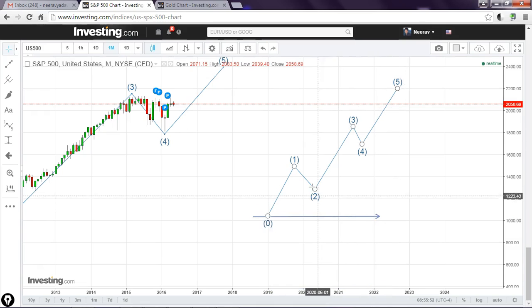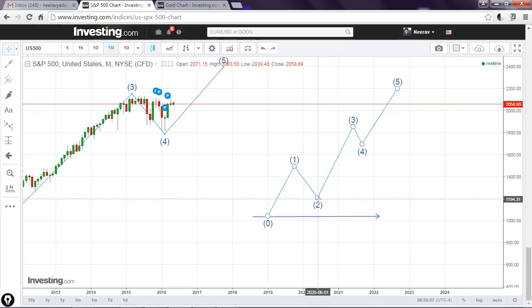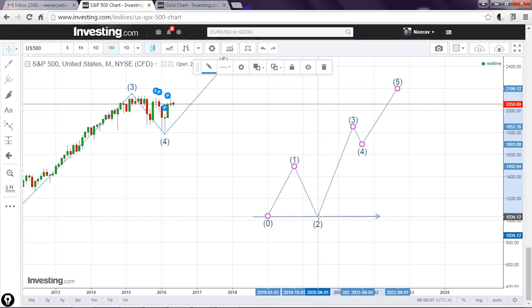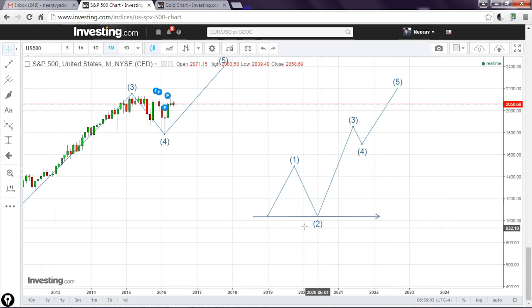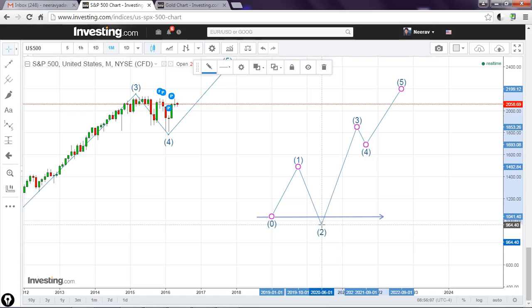As per Elliott's first rule, wave 2 can come up till here or here, or it can go even up till the starting point of wave 1. That would be this line or this arrow that I have drawn. But if it goes below this level, then the first rule is violated, and hence this wave count is incorrect as per the first rule of Elliott Wave Theory. And that is for the first rule.